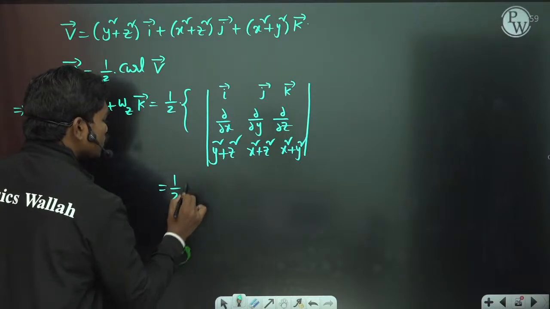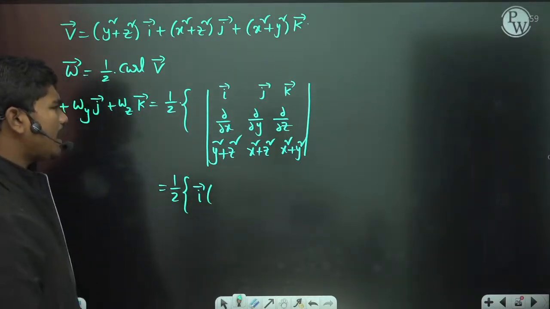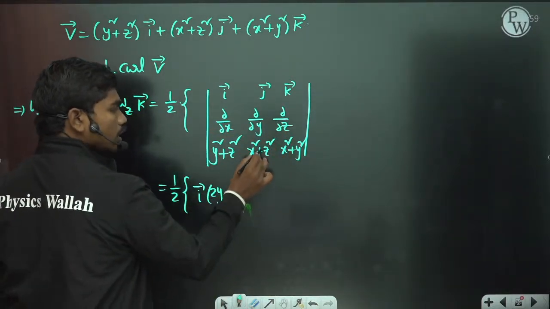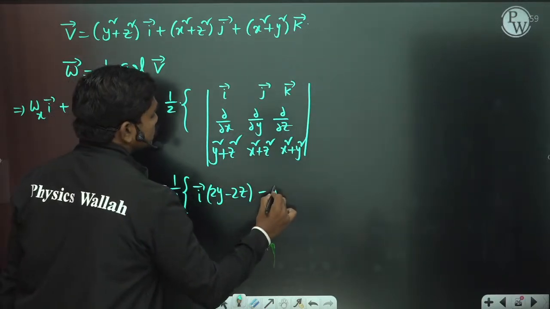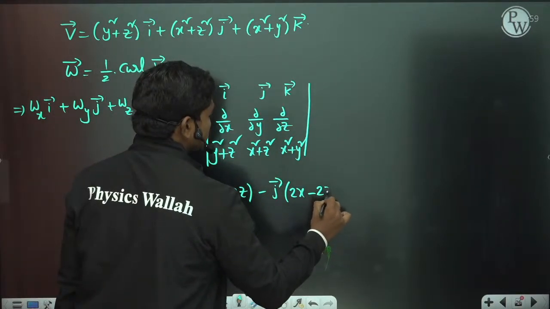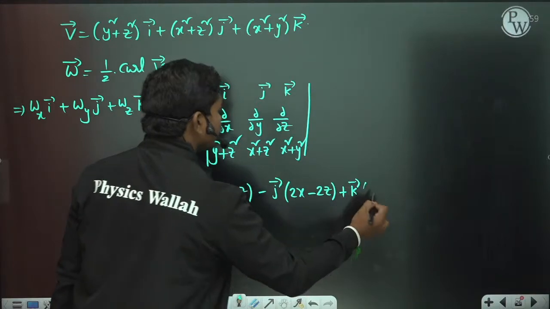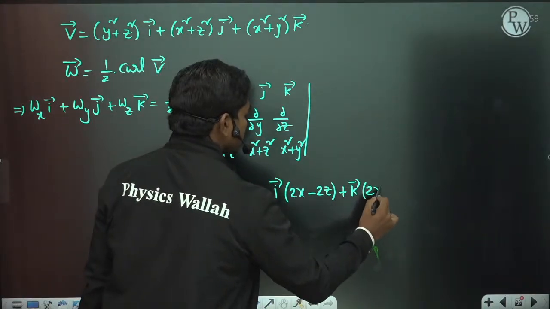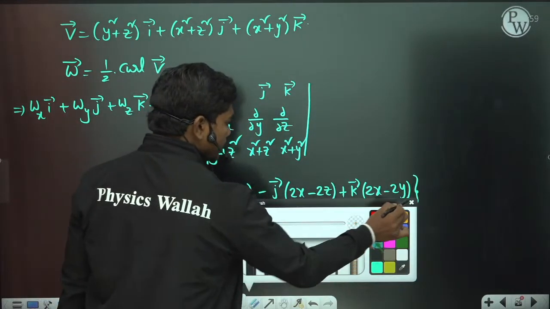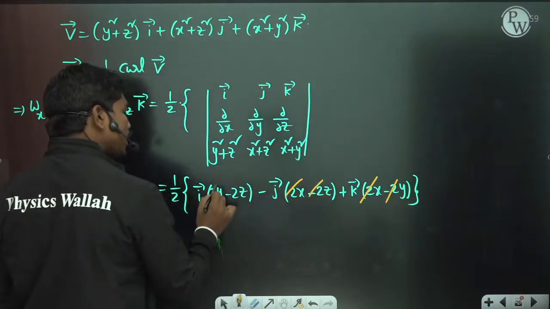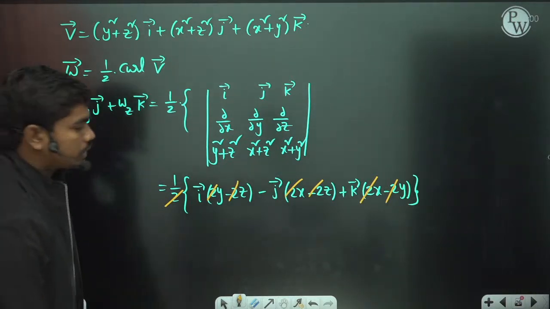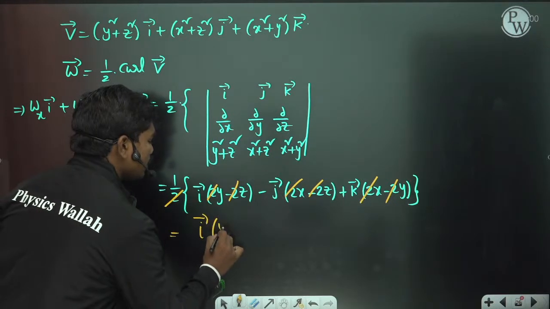So this is half times I bar into dou by dou y of this quantity, 2y, minus dou by dou z of this quantity, which is 2z, minus j bar times dou by dou x of this quantity, 2x, minus dou by dou z of this quantity, 2z, plus k bar times dou by dou x of this quantity, 2x, minus dou by dou y of this quantity, 2y. Now the 2 in every term can be taken common and cancelled with the half. So we get I bar times (y minus z).